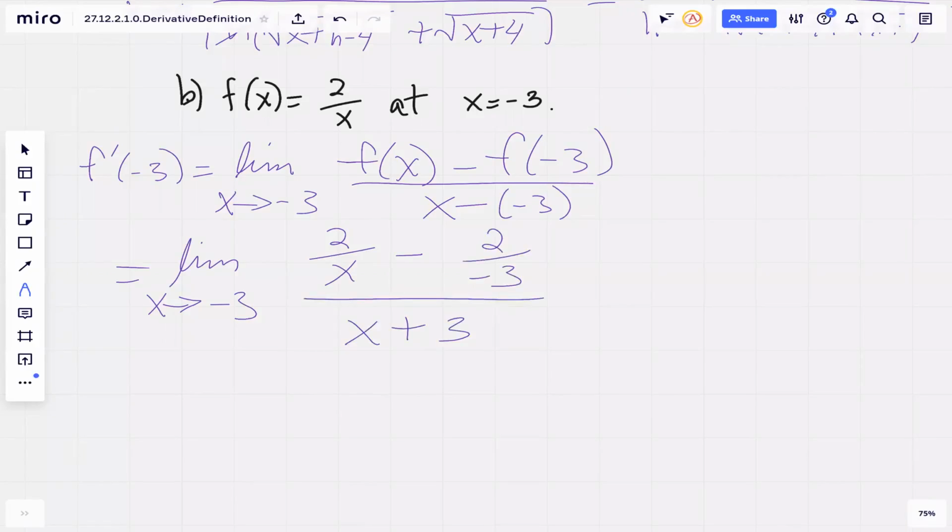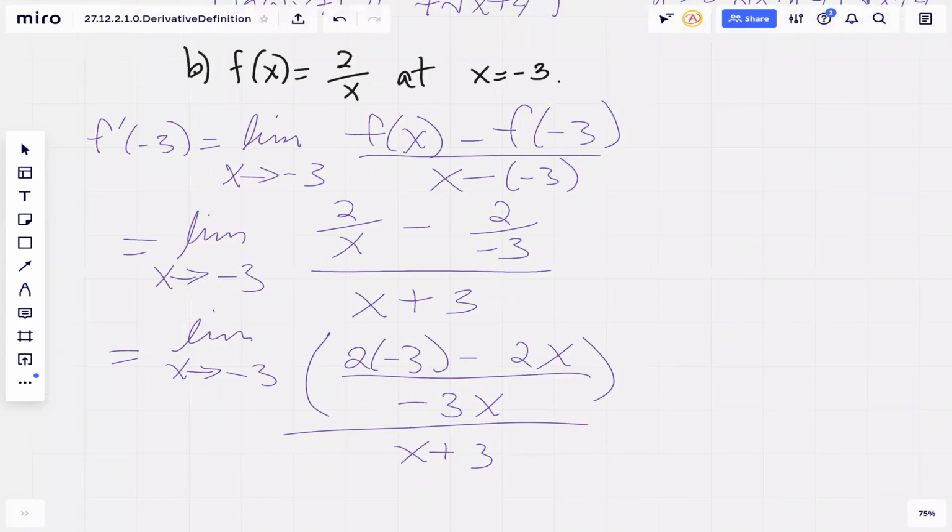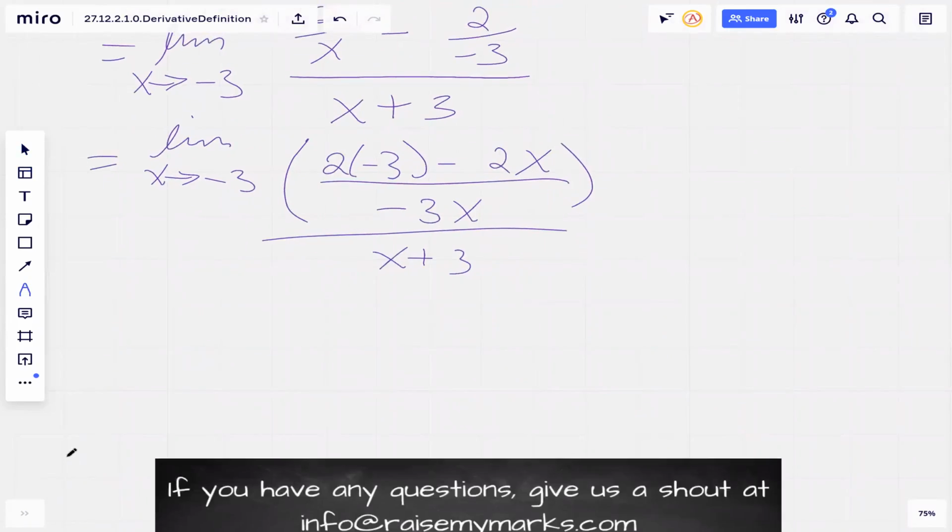Okay, so let's start simplifying things a little bit. Limit as x approaches -3. In the numerator, let's put everything over a common denominator. 2 times -3 minus 2 times x over -3x, all over x plus 3.